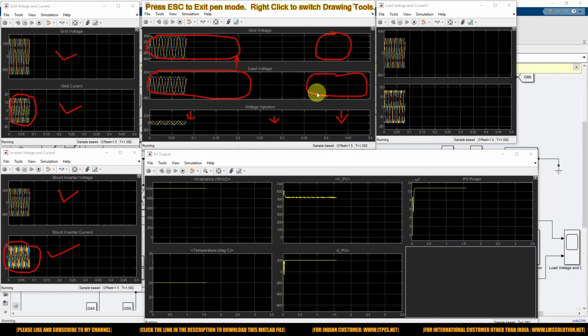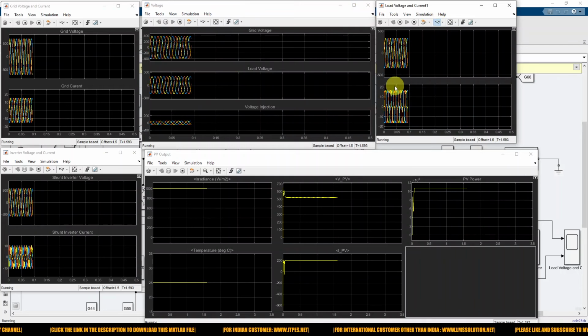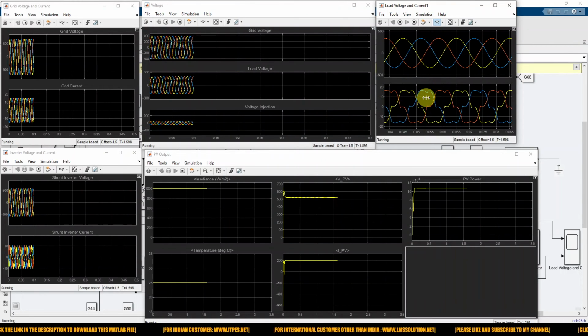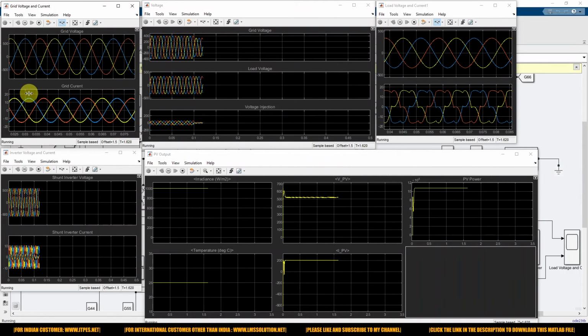Okay, so here you can see that the load voltage is non-sinusoidal, right? When we expand this, you can see that the load current is non-sinusoidal because of the nonlinear load, right? But the grid current is sinusoidal.